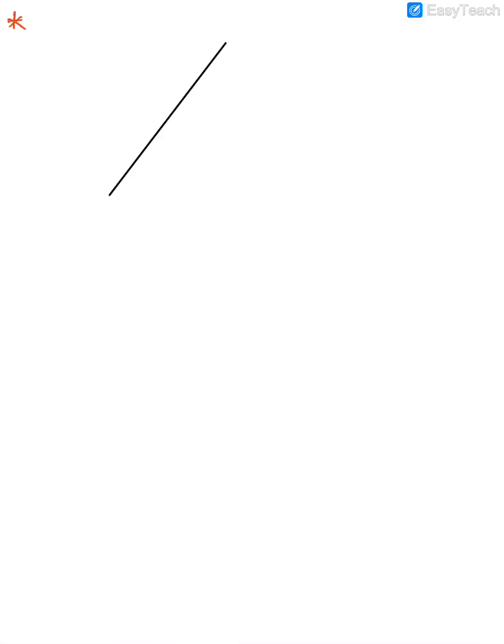So this is A. And from B to here we have got Q, and from C here we have got P. So now let's say here there is a triangle ABC, P and Q.